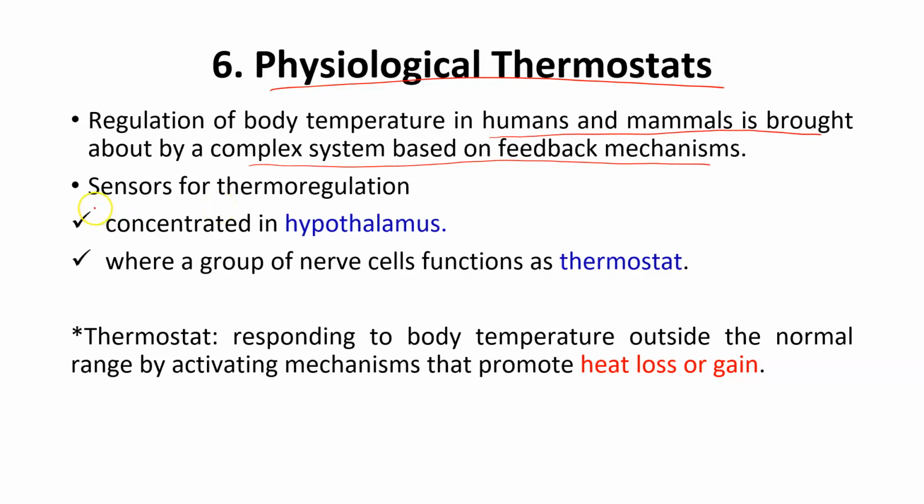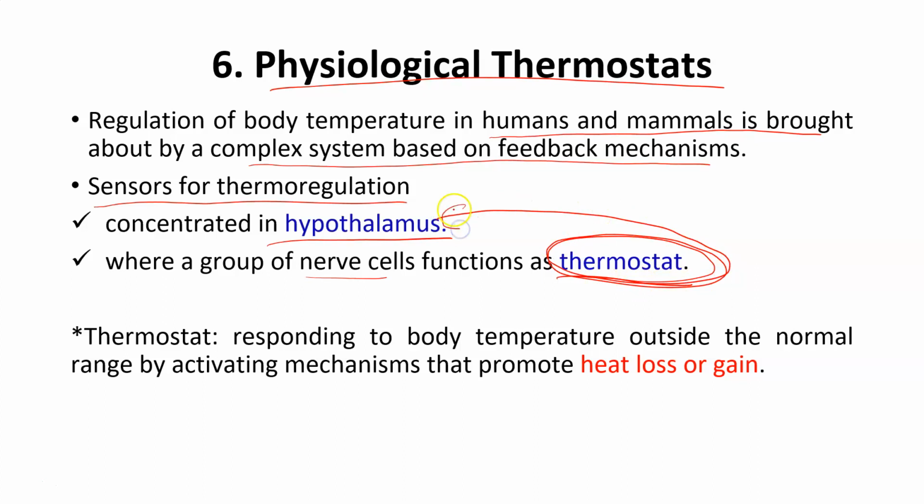So in our brain, we have a sensor for thermoregulation, which is located at the hypothalamus. We call it the thermostat. Okay, a group of nerve cells, which is the thermostat. Thermostat ni in your brain, concentrated at the hypothalamus. So the thermostat, the group of nerve cells, is the sensor.